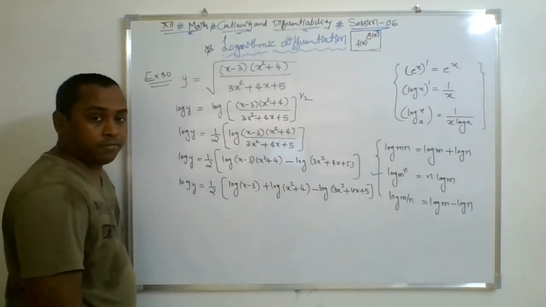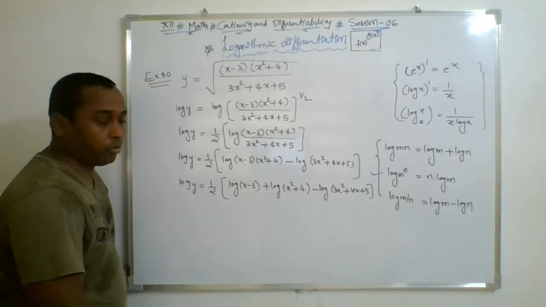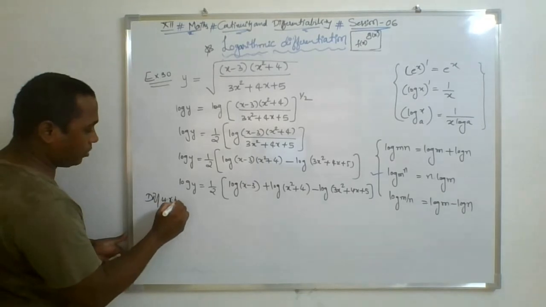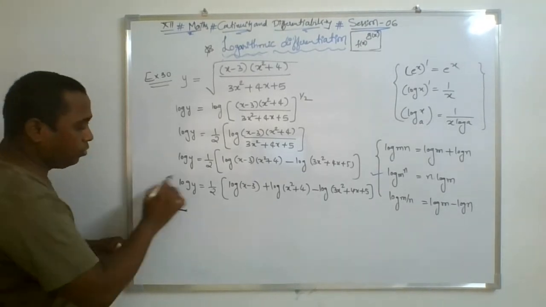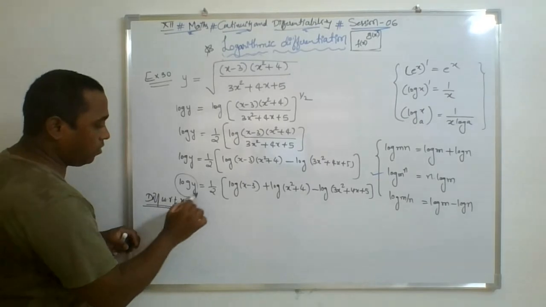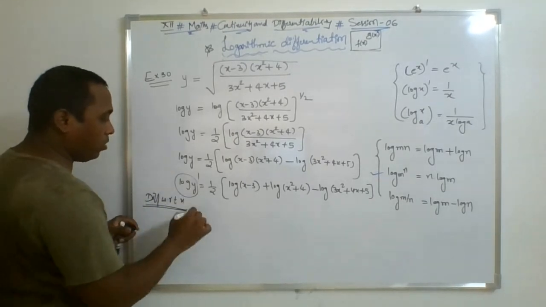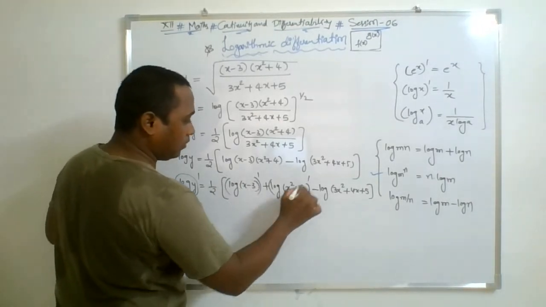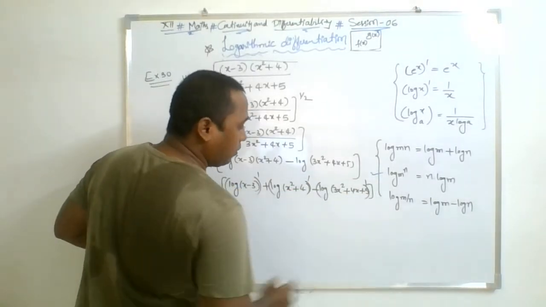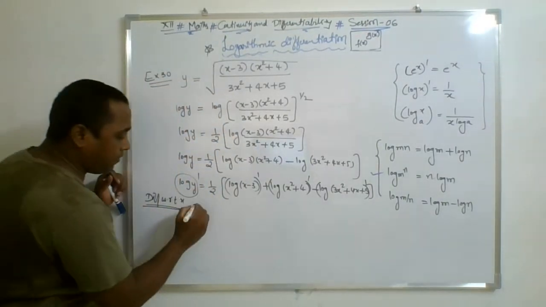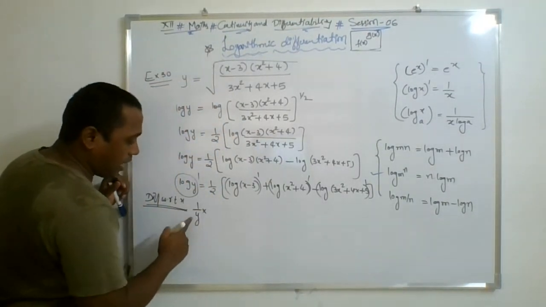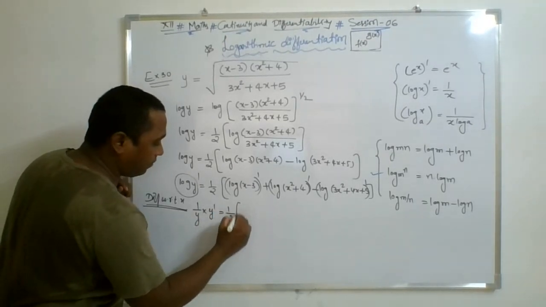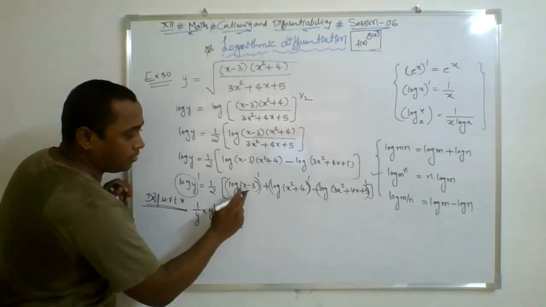Then go for the derivative. Now you can apply the derivative on both sides. Now differentiate with respect to x. So if you do that, I am taking the derivative on every part. Log y differentiation is 1 by y into y dash, equal to half of log x in the form of log x.